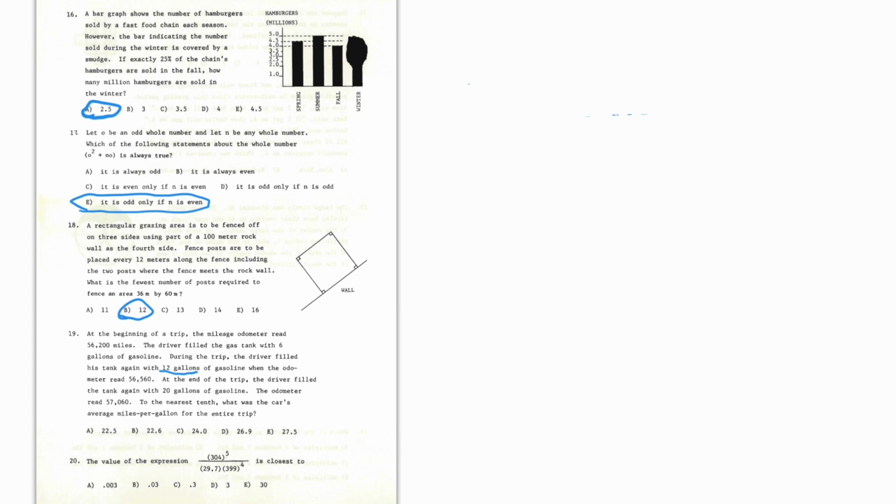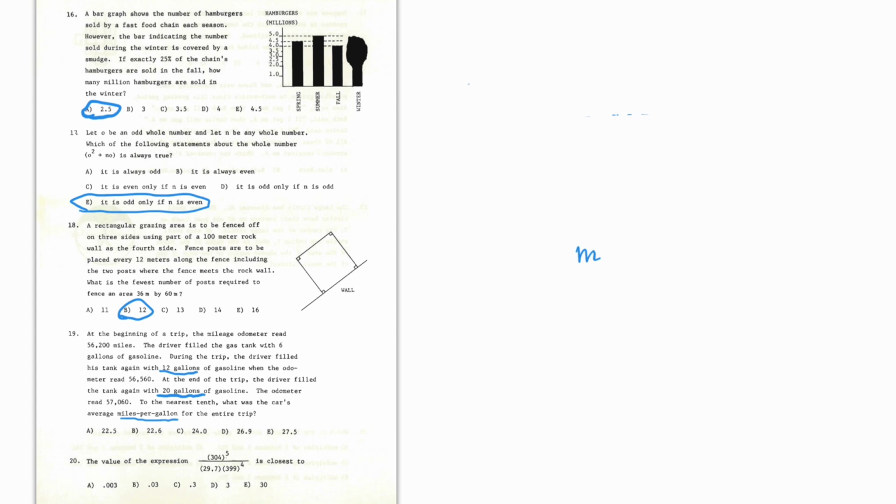At the end of the trip, the driver filled the tank again with 20 gallons of gas. The odometer read 57,060 miles. To the nearest tenth, what was the car's average miles per gallon?